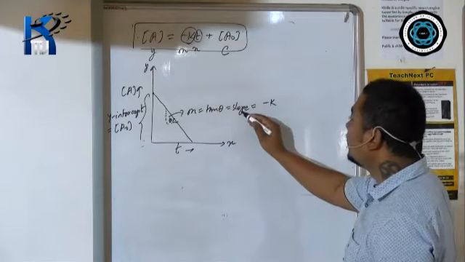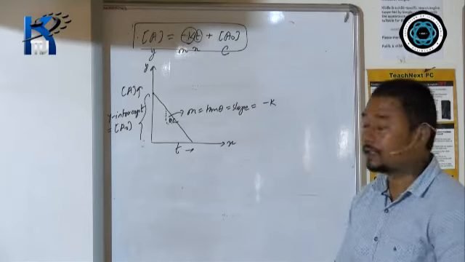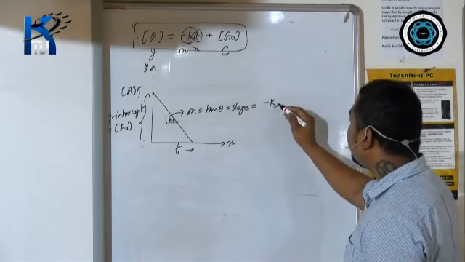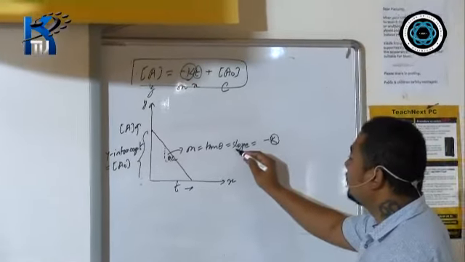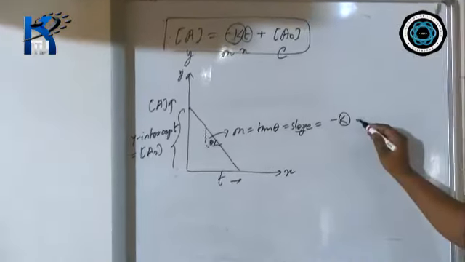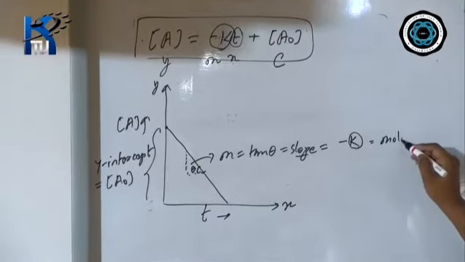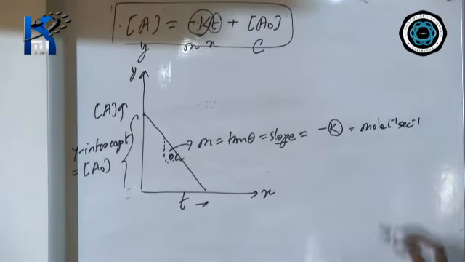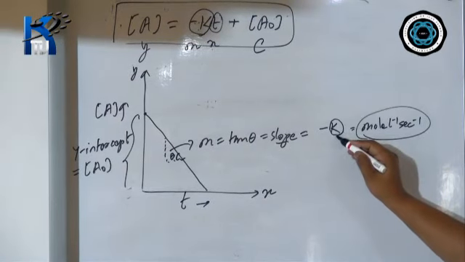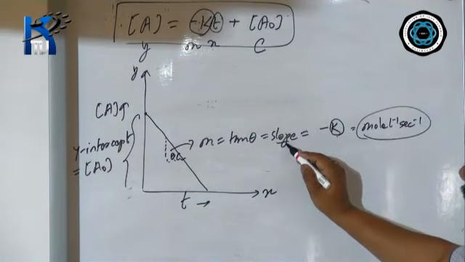Now let us find the unit of slope for zero order reaction. So if you see here, whatever is the unit of rate constant for zero order reaction, the same will be the unit of slope. And do remember the unit of rate constant for zero order reaction is mole liter inverse second inverse. So this is the unit of rate constant for zero order reaction, and the same will be the unit of slope.